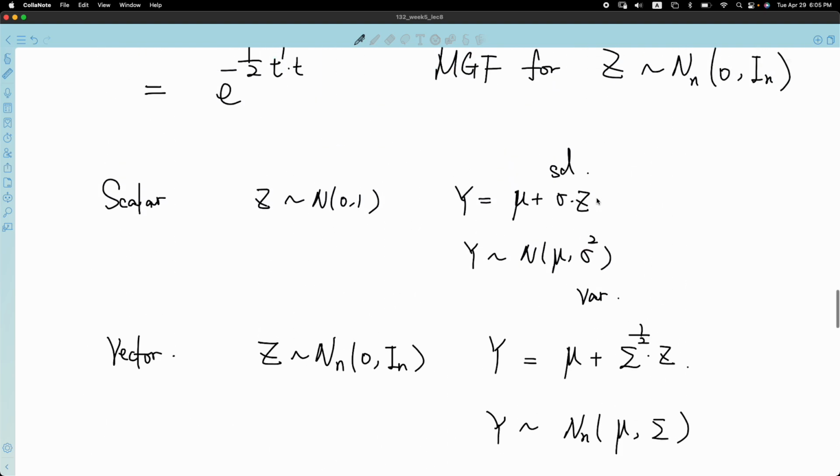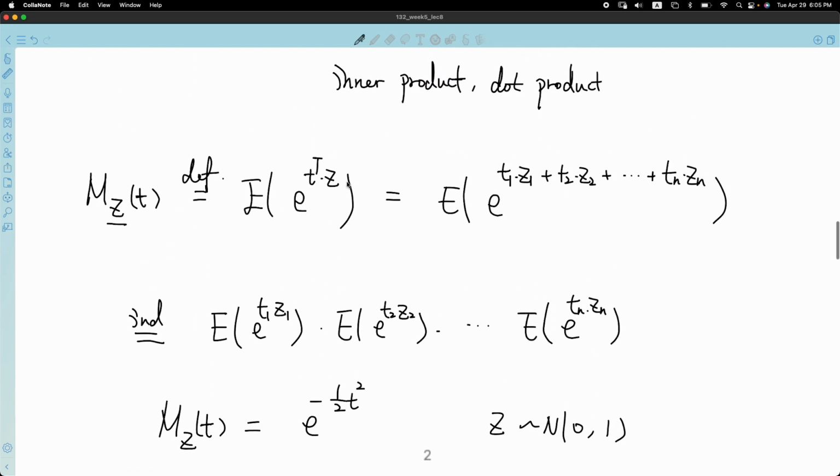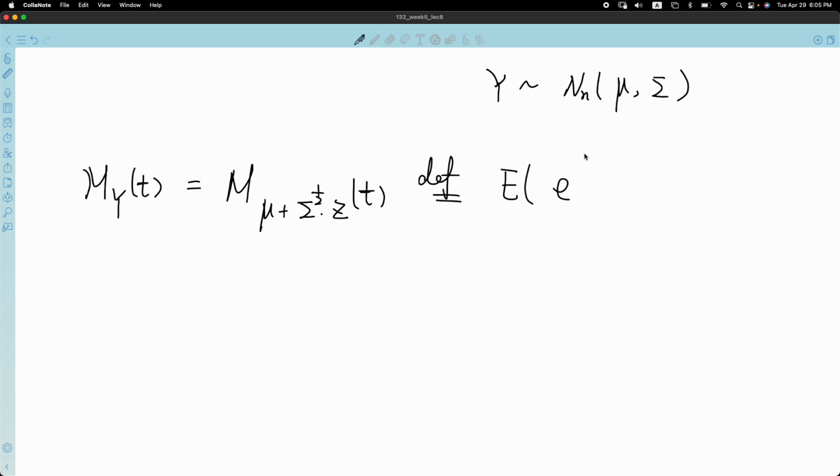Going back to the definition, you have t multiplied by the random variable. So you will have t vector transpose multiplying by mu plus sigma 1/2 multiplied by vector of z. I'm just doing the definition by plugging whatever in the subscript onto the power.